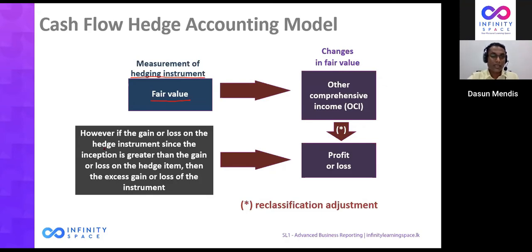Then you do one thing: the cumulative fair value gain or loss of the hedge instrument, you compare with the cumulative gain or loss of the hedged item as well.